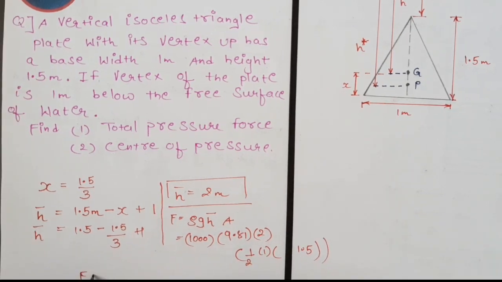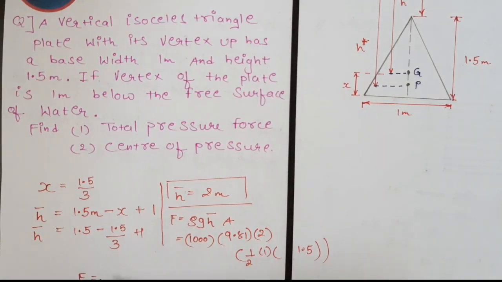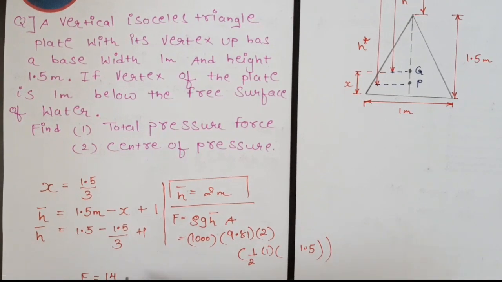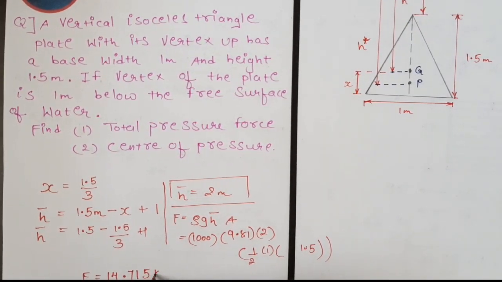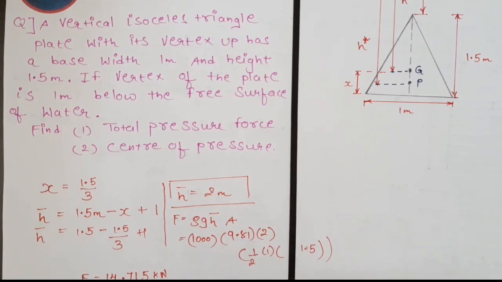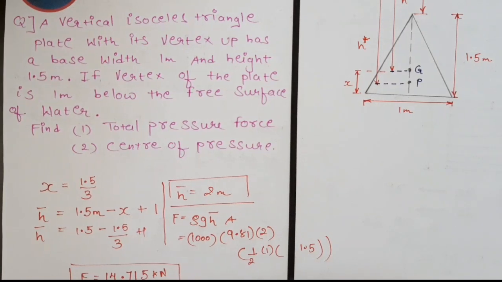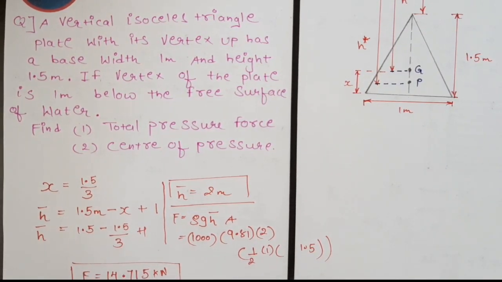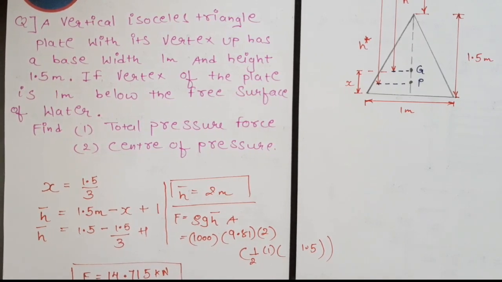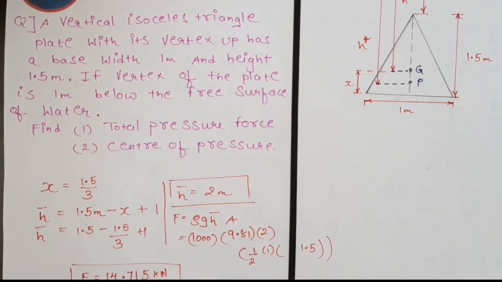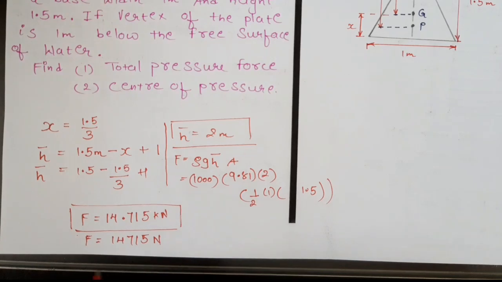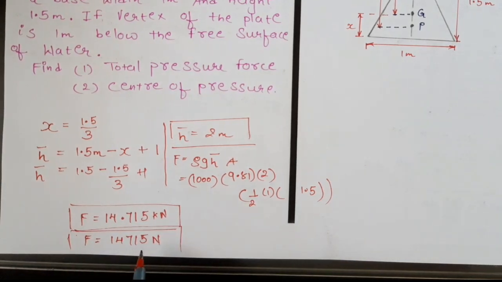So F will be equal to 14.715 kilonewton. If you calculate on the calculator, you will get F equals 14.715 kilonewton, or F equals 14715 Newton.